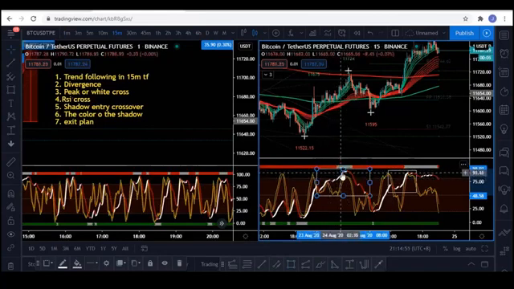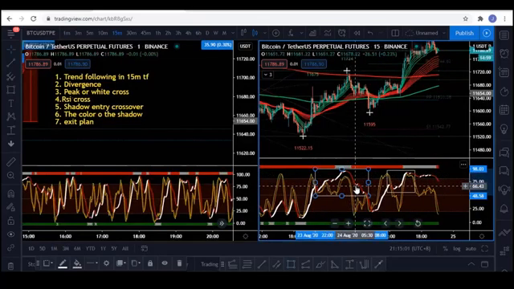But then, as you can see, the direction of our shadow is pointing down, meaning to say it is going to go down here. Then you see a cross already, and the shadow is pointing down, and then it crosses below our 50 RSI.